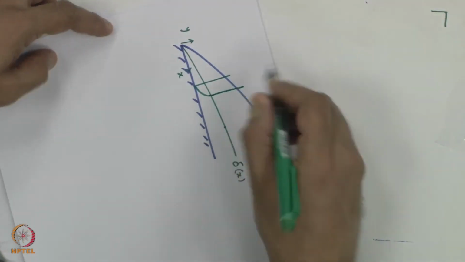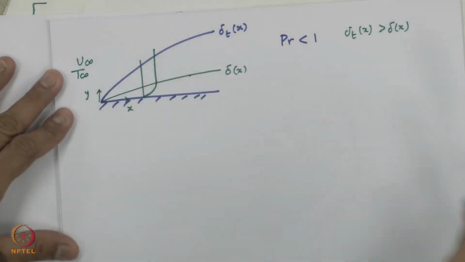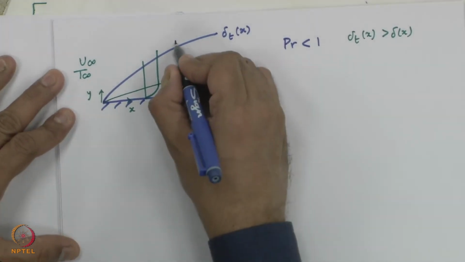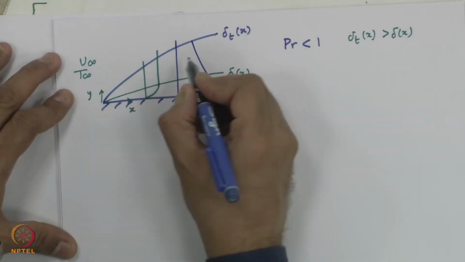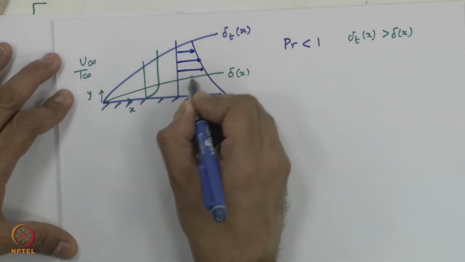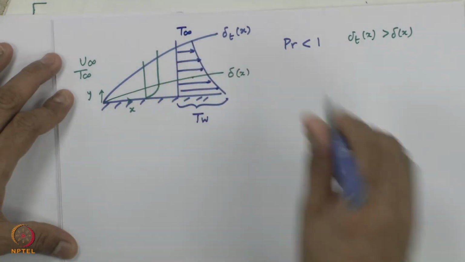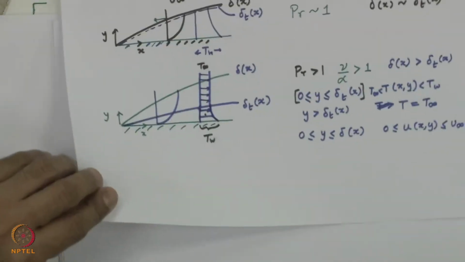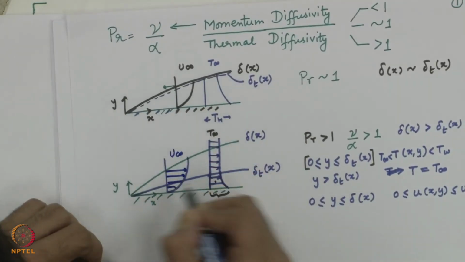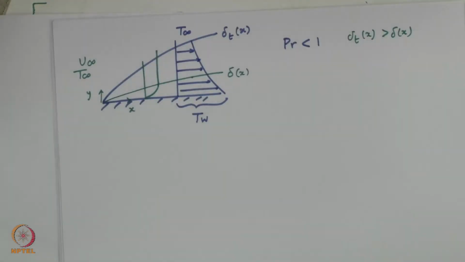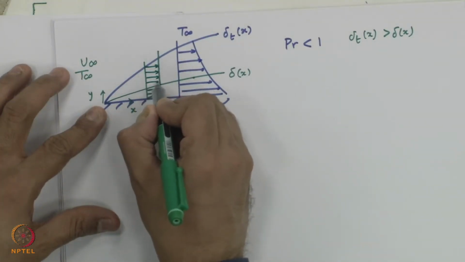Afterwards it is the same everywhere. U infinity, T infinity. Temperature distribution is going to be changing like this. So T wall, T infinity here. In this case, this is U infinity here. Velocity is varying only in this part. It's all equal to U infinity here.